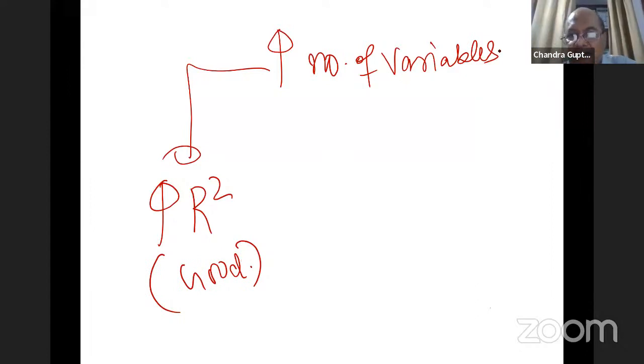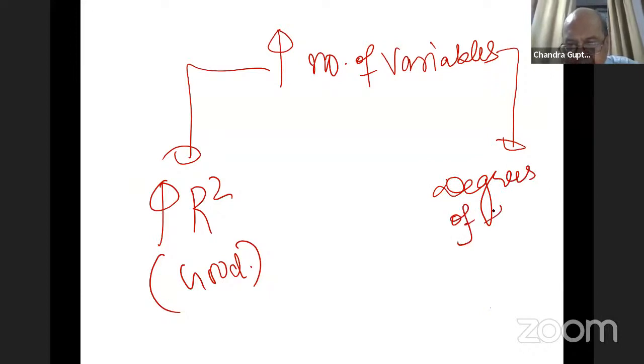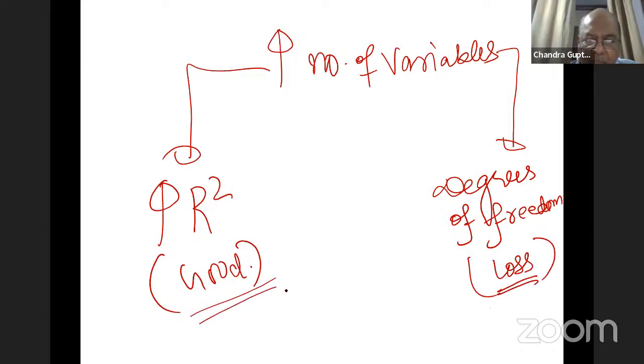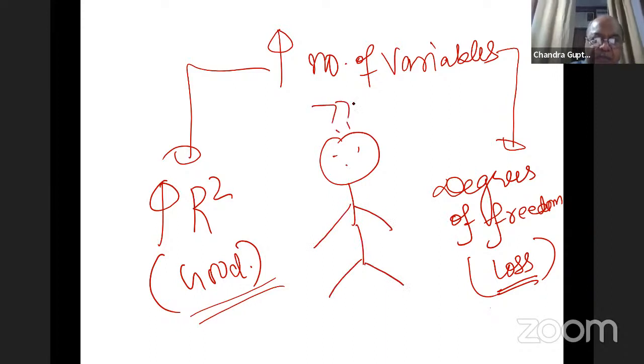But on the other side, we lose something, and that is our degrees of freedom. So there's a trade-off between the loss of degrees of freedom and the gain in R square. And how that trade-off should be taken care of is something we have to understand.